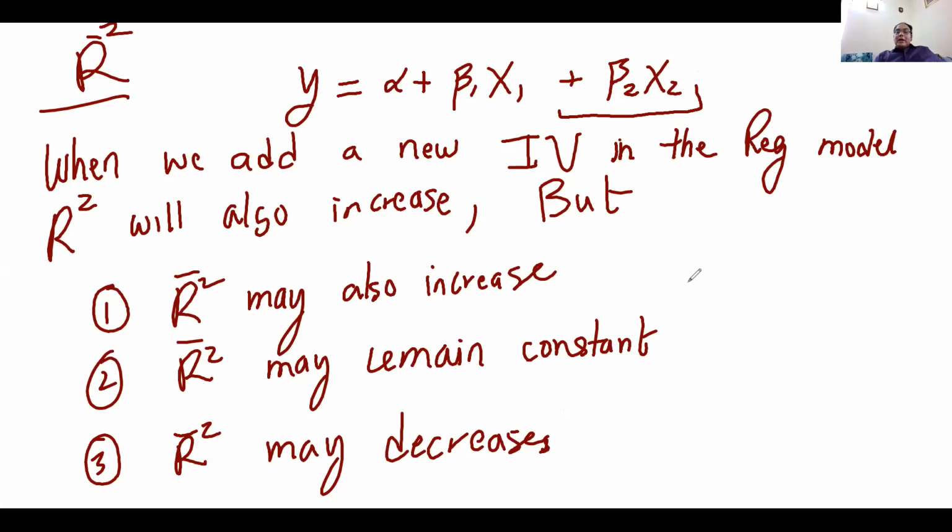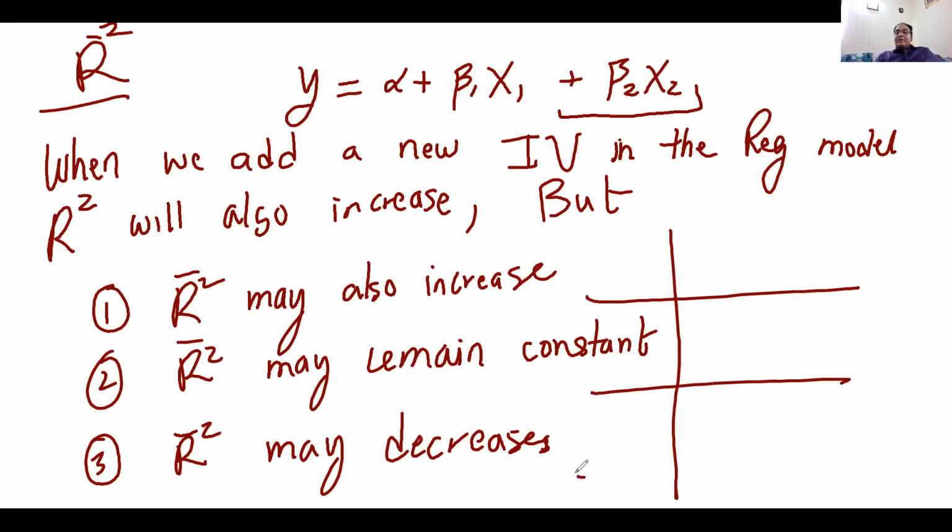So what is the answer you are giving? There are three conditions. In the first case, you are saying yes, we should add the variable in the regression model. So the answer is yes. In the second case, if adjusted R square remains constant, the R square will increase, but adjusted R square remains constant.